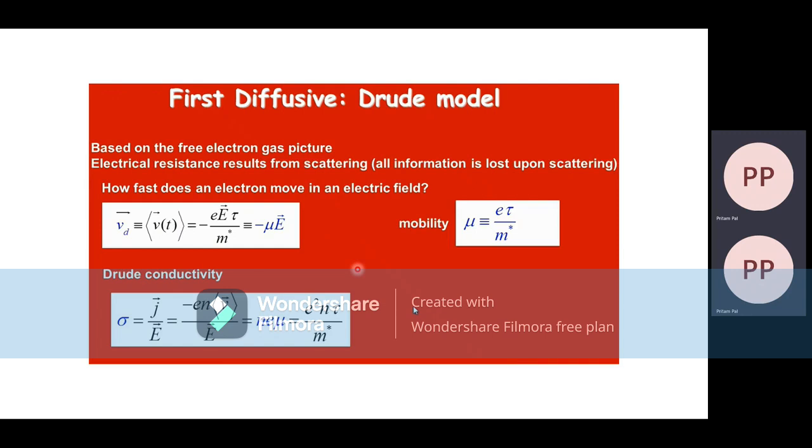From this formula, dividing the current by the electric field we are applying, we define the conductivity. The current is nothing but the density of electrons times the electron charge times the drift velocity. So from the formula above, the conductivity is proportional to the density and the mobility.